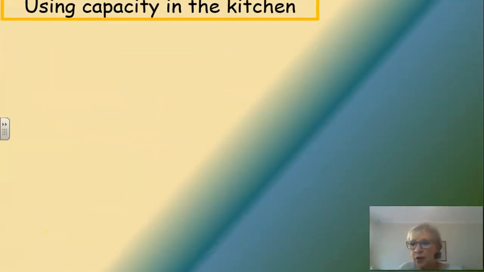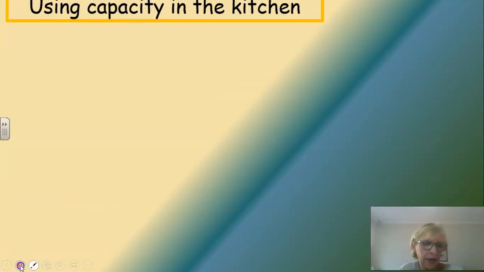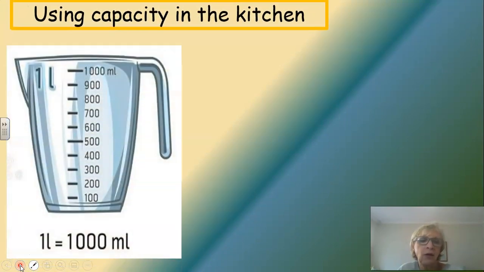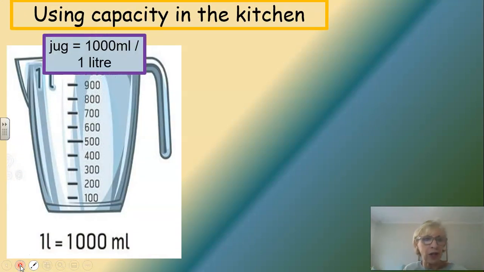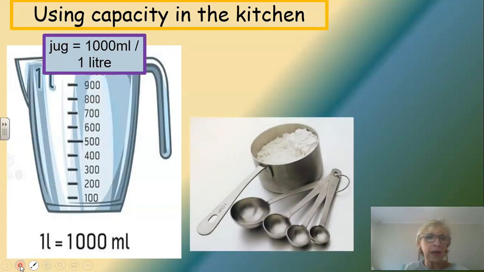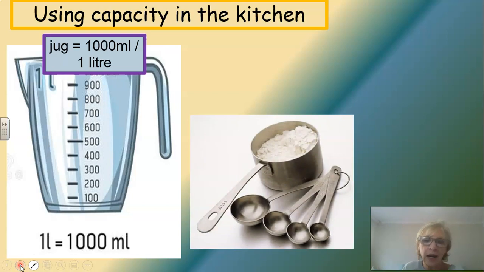Right. So how do we use capacity in the kitchen? Well, we often use our 1,000 milliliter or our 1 liter jug. And that jug there can hold 1 liter, or 1,000 milliliters. Then, remember we talked about teaspoons and cups and jugs and all sorts of buckets and sizes and so on.